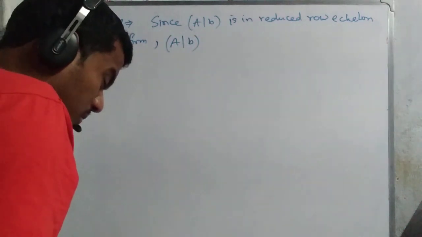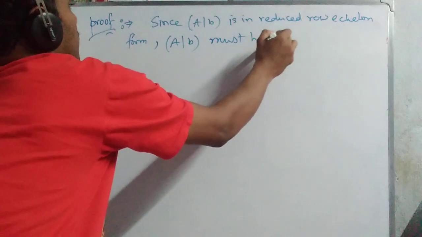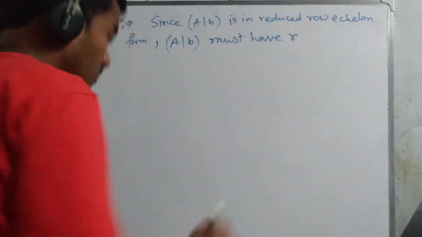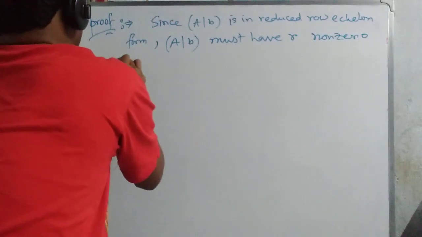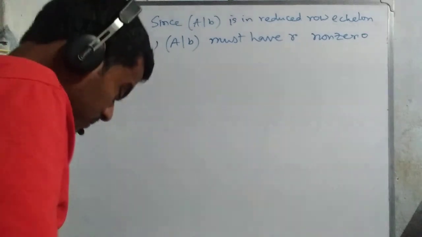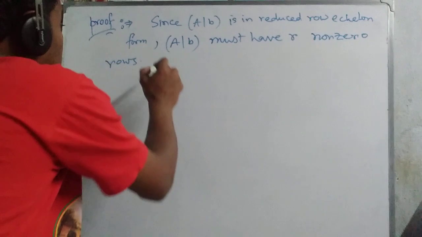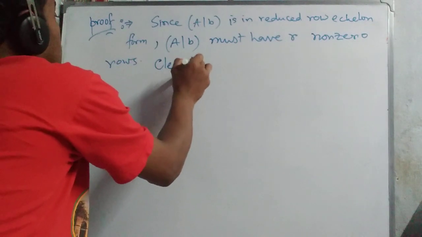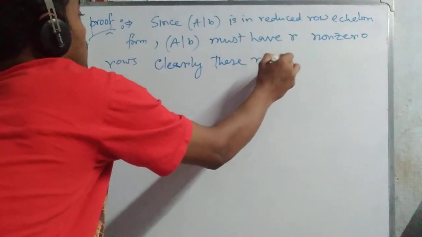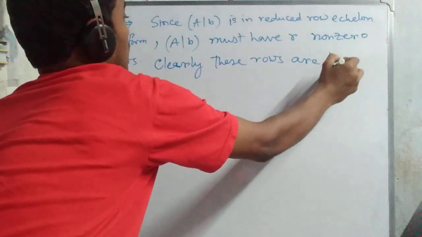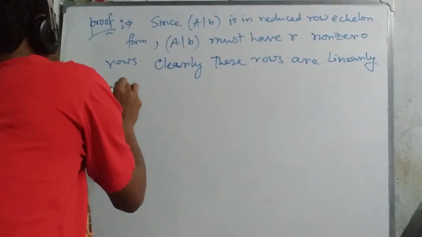That means A augmented B must have R non-zero rows. Clearly these rows are linearly independent.